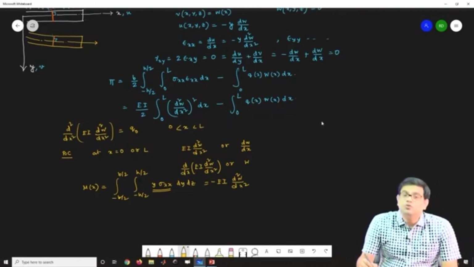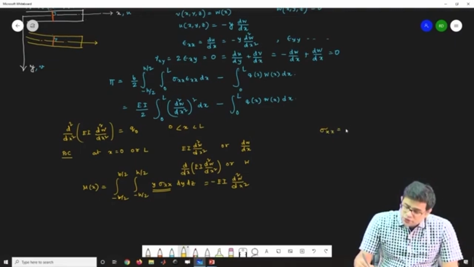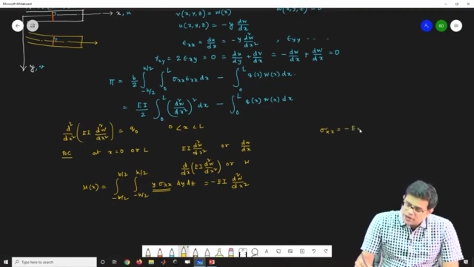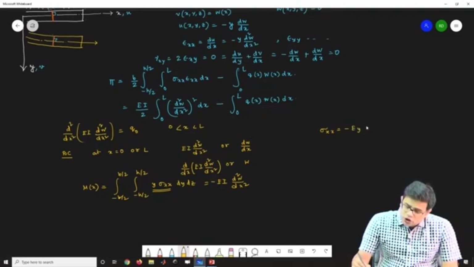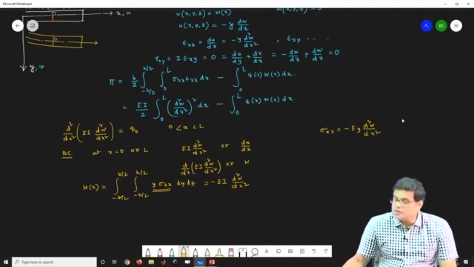If we assume the plane stress assumption, then sigma xx is the only non-zero stress, which is minus E y times d2w by dx2. So this is my sigma xx, and all other stresses are 0.